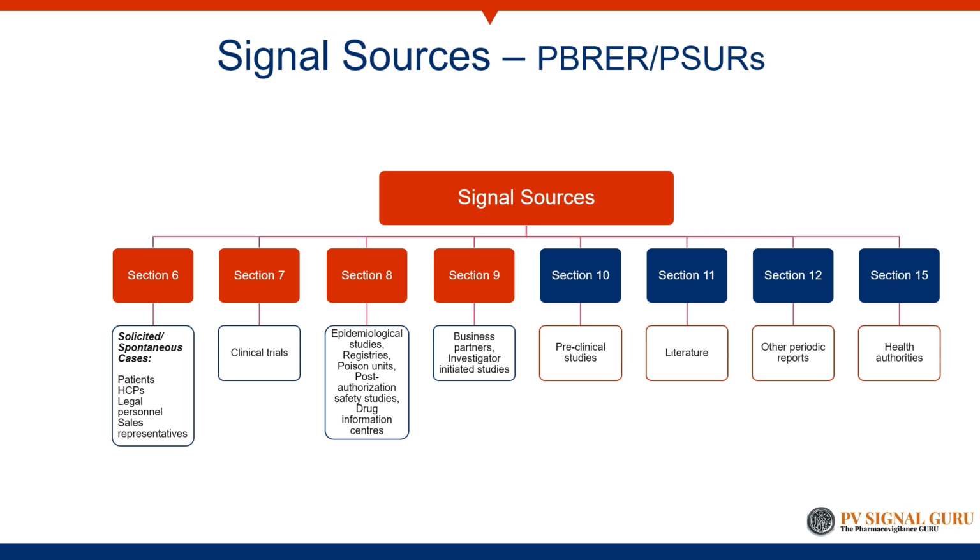By understanding how these sections of a PBRER or a PSUR align with signal sources, you can better navigate the process of identifying and evaluating signals during the preparation of periodic reports, ensuring consistency in safety data presentation. This structured approach ensures comprehensive pharmacovigilance and robust drug safety monitoring.